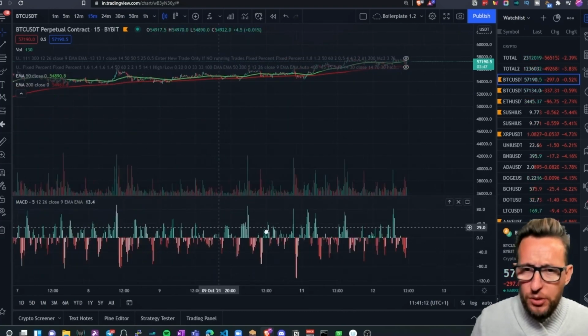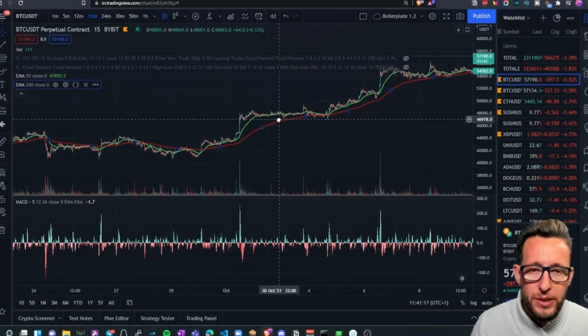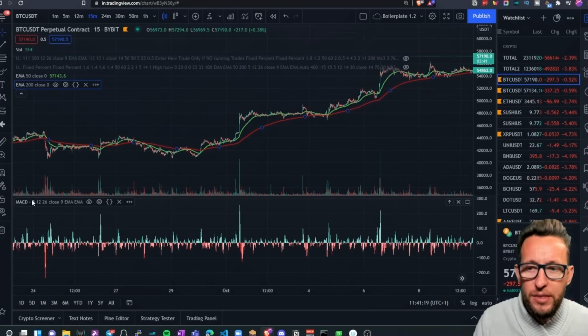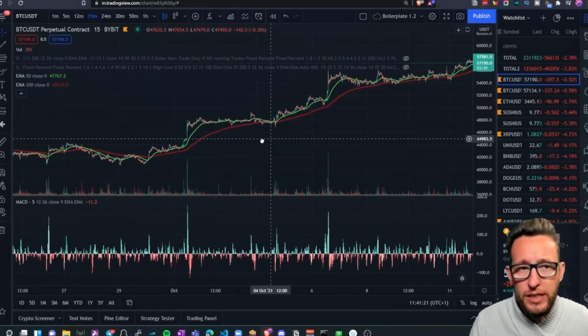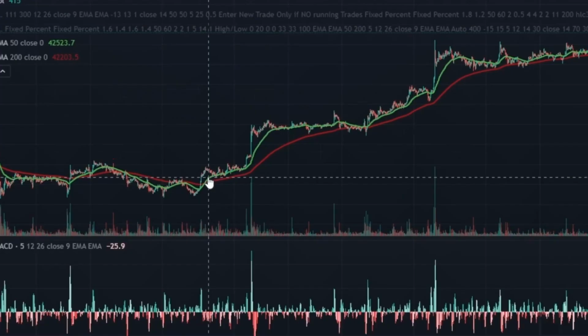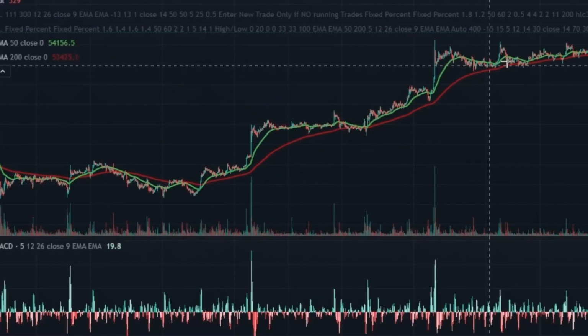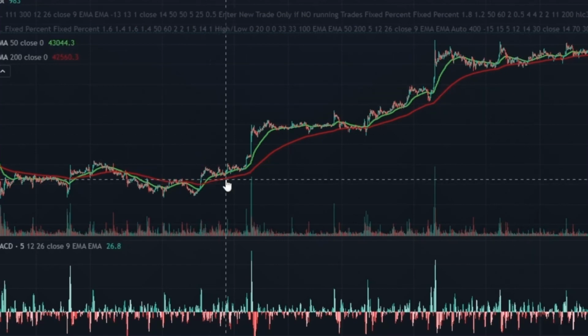Right, so Joel's strategy is pretty simple. All we're doing is looking for pullbacks in the MACD when we're in a trend. The trend is identified by the green line, the 50 above the 200, which means we're in an uptrend. When we're in an uptrend, we're taking longs.